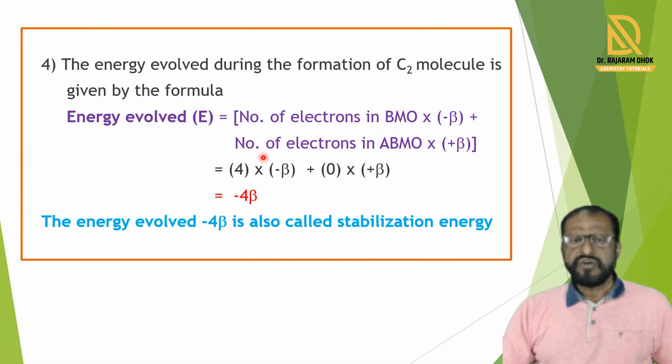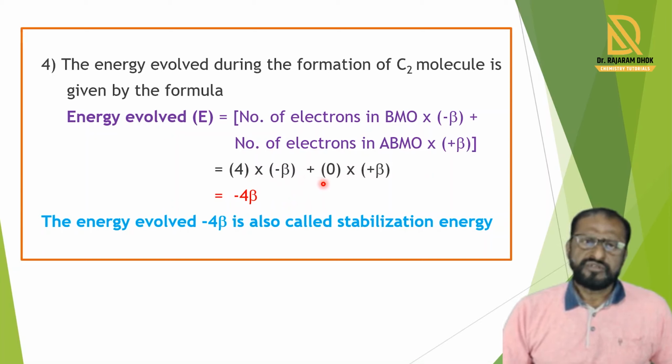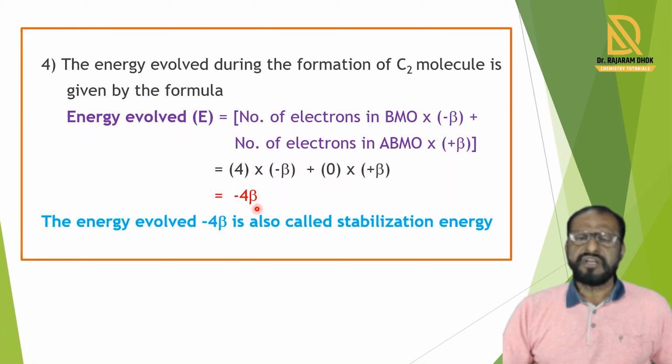So 4 electrons are present in the bonding molecular orbitals, multiplied by minus beta. In antibonding, there are 0 electrons, so 0 into plus beta. So we get the value minus 4 beta. This minus 4 beta value is called the stabilization energy of the C2 molecule.